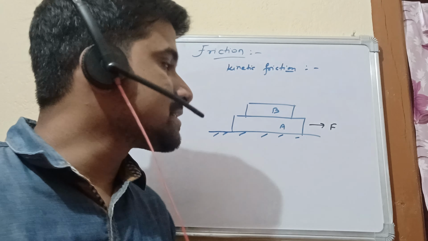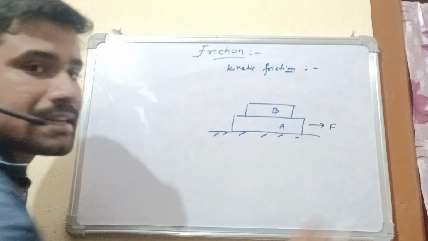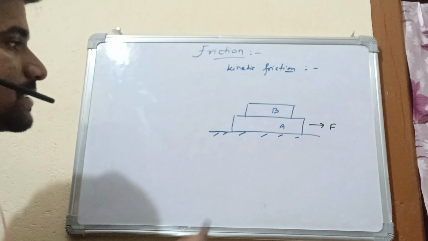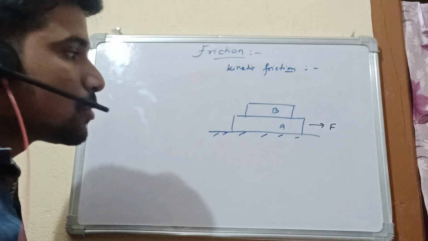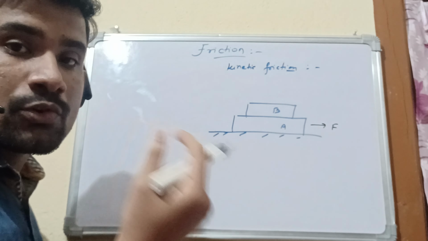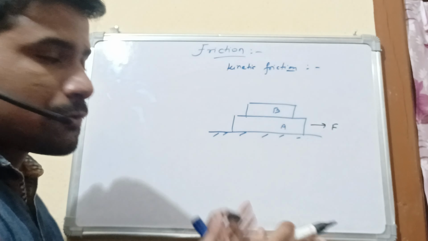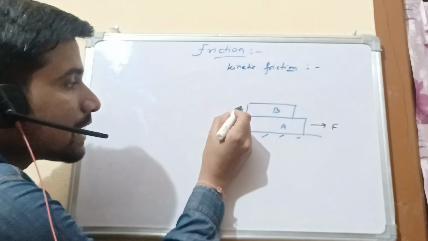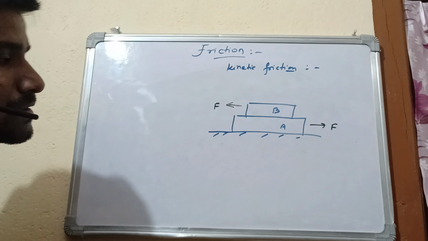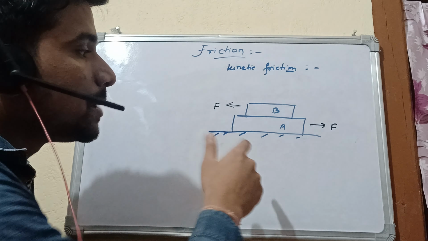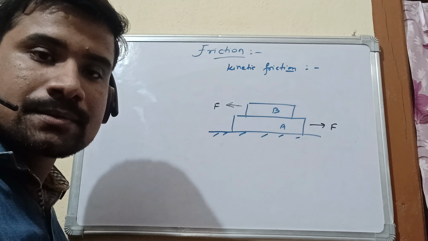Now let's understand that if A is given a force F in the right direction, the tendency of B will be to move towards the left. So B will get a pseudo force, right? Because the system is moving with a force F in the right, B will get a pseudo force F in the left direction. So the velocity of B with respect to A is in the left direction.